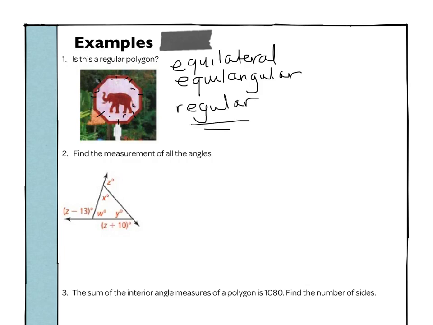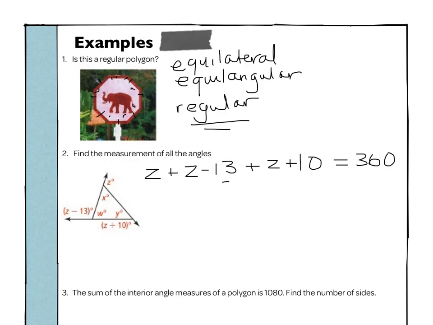Okay. Number 2, find the measurements of all the angles. So they want exteriors and interiors. Exterior angles add up to, remember this, going around and around, the exteriors add up to 360. For the interior, you want to connect the vertices to make triangles. Okay. So that means Z plus Z minus 13 plus Z plus 10 equals 360.